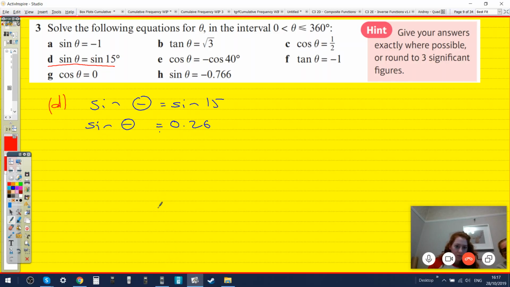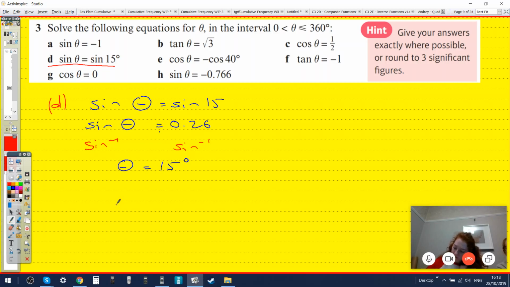And then what would you do next? I'm not quite sure. Just do it as normal. The sine minus 1, the answer. Yep. That just says 15 again. That's it. So theta is... So then... Oh, that's fine.